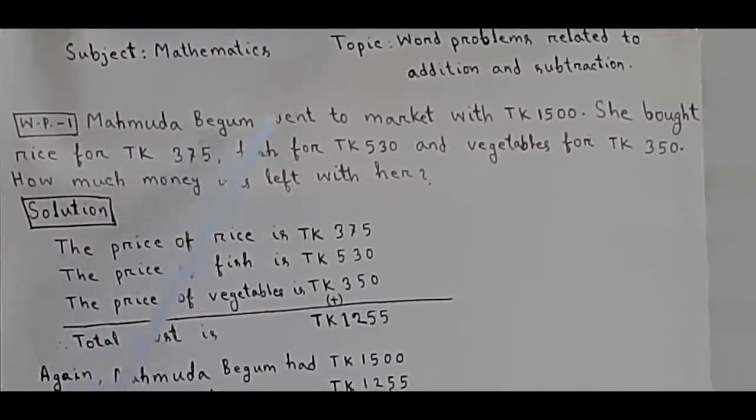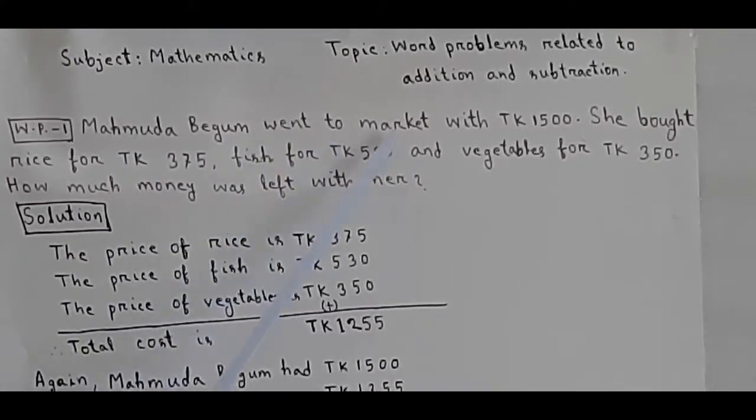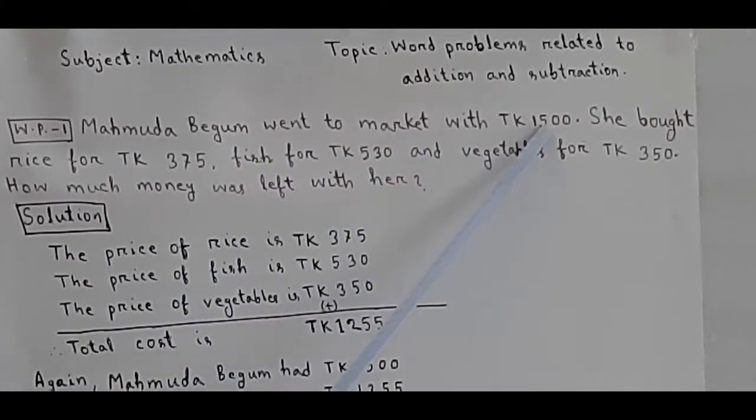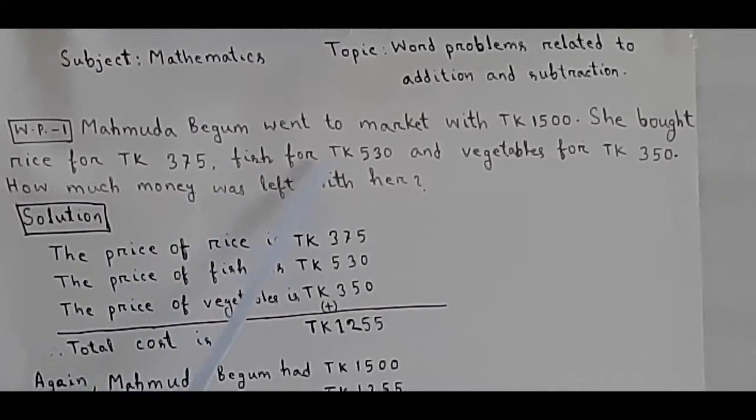Mahmuda Begum went to market with TK 1500. She bought rice for TK 375, fish for TK 530 and vegetables for TK 350. How much money was left with her?